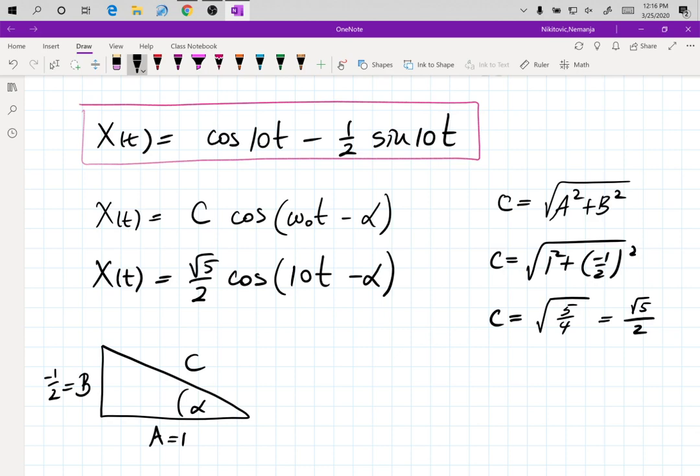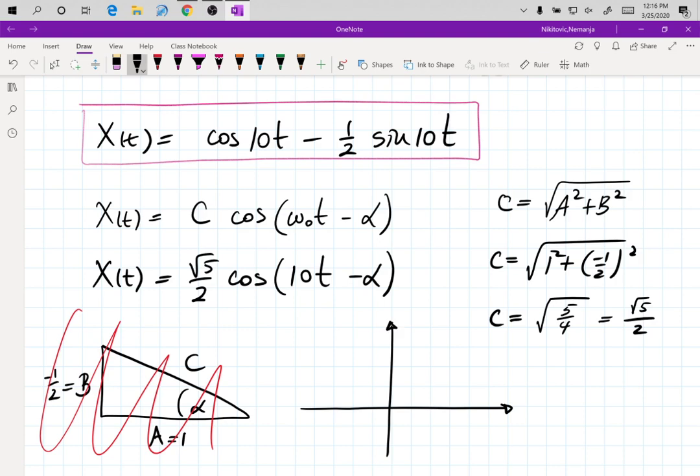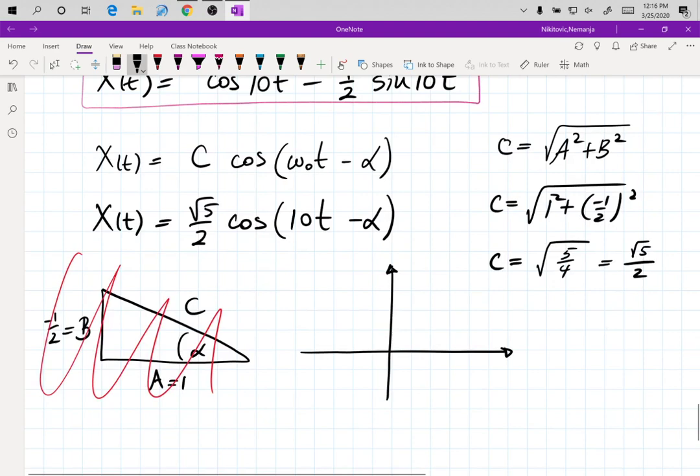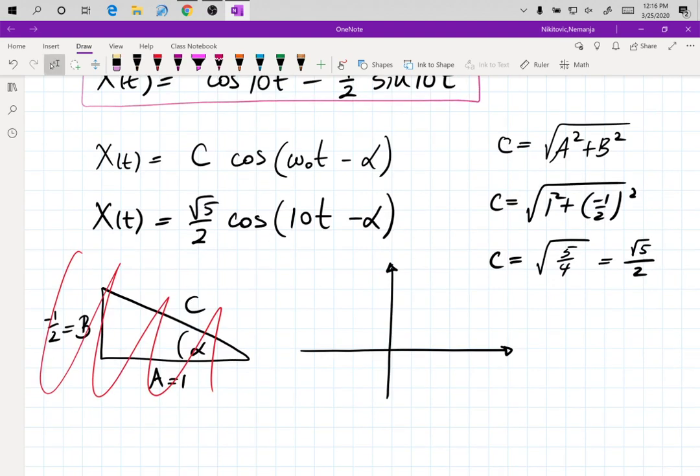So I'm going to actually just cross this out and do this in the coordinate system, so it's clearer this way. I have A as a +1. I'll use 4 squares as 1.